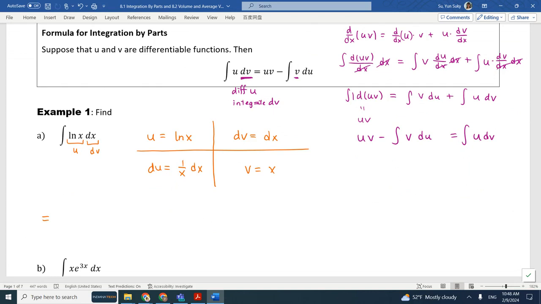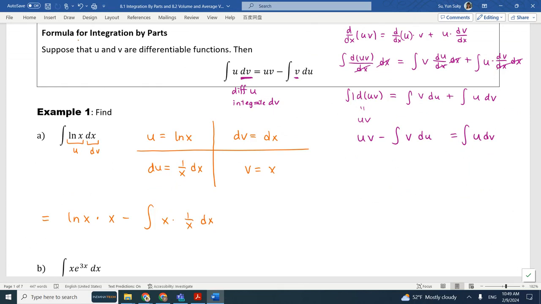Integral of u dv is uv. What's u? ln x. v is x. So uv is x ln x, minus integral of what? v, which is x, du, 1 over x dx.